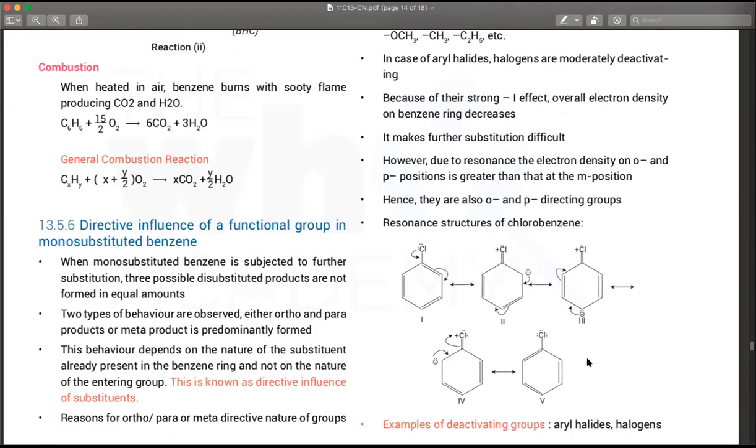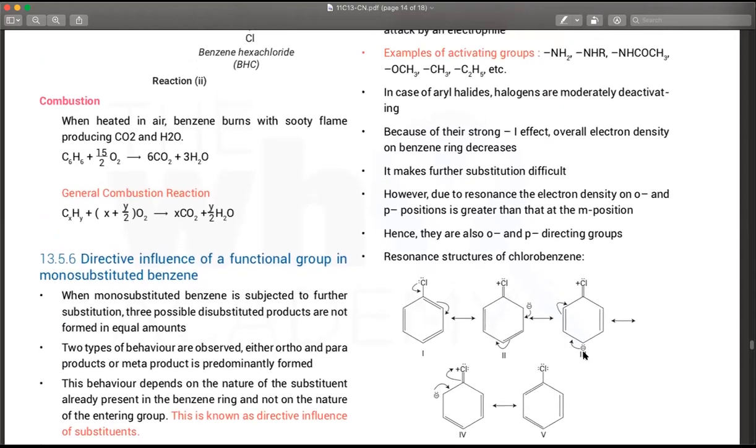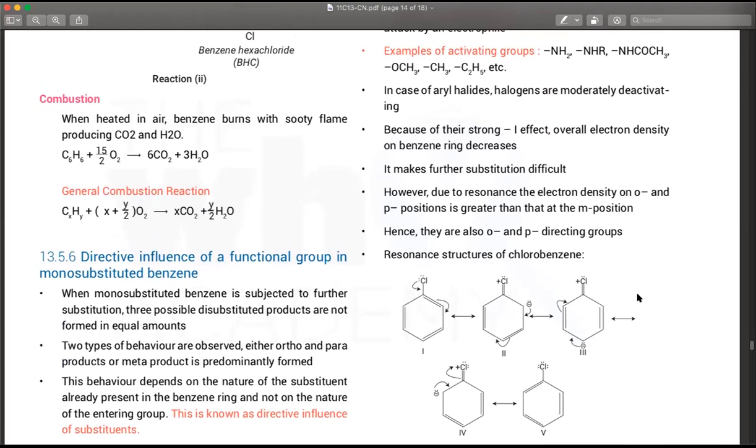So how do you figure out what groups are ortho para? Do you just have to memorize them? As I said, a quick hack is to think of something that reminds you of basic nature, like ammonia is basic in nature. Groups that have a lone pair of electrons that they can give away. That's the pattern I have noticed, and that's how I remember it.